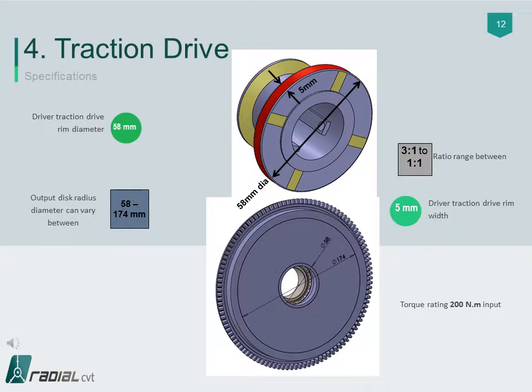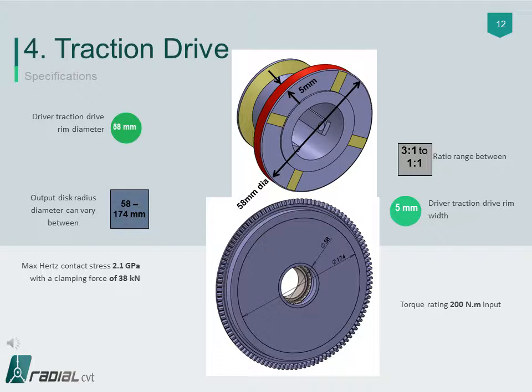The total clamping force generated via mechanical springs is 38 kilonewtons, which results in a maximum Hertz contact stress of a very conservative 2.1 gigapascal in the 5 mm traction drive line contact.